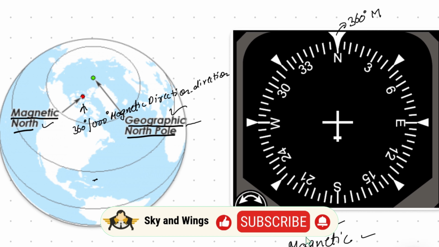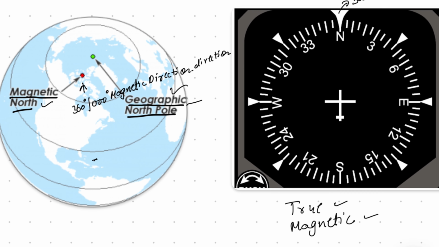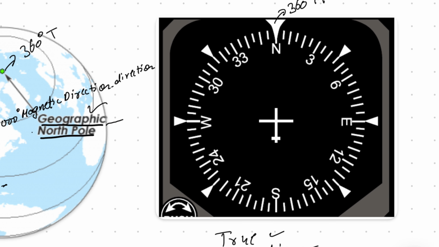And to calculate true direction, we have to apply the magnetic variation, which I will cover in the upcoming videos. So if it is measuring direction according to the geographic north pole, it will be 360 degree true direction. Okay, and this is how we measure our directions on Earth.